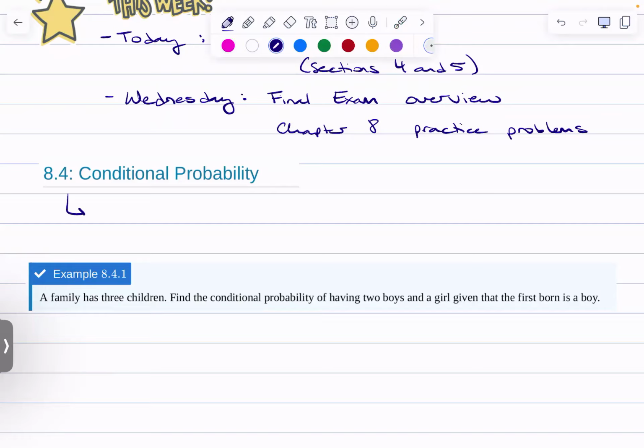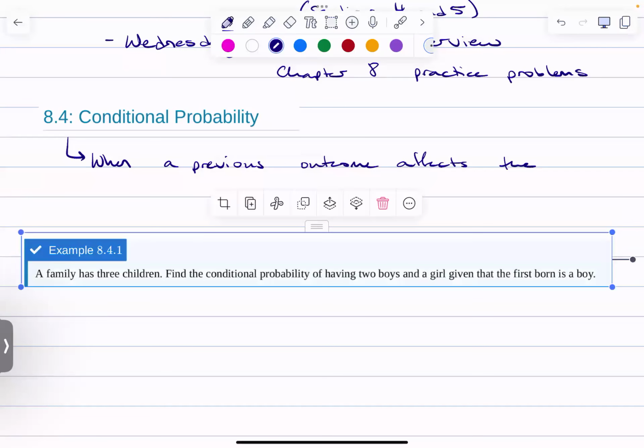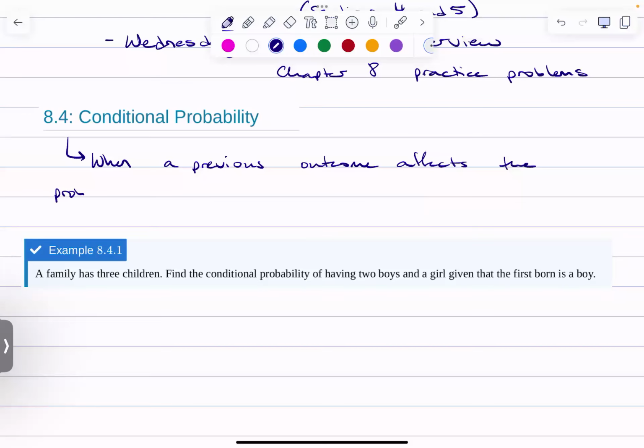And so conditional probability is when a previous outcome affects the probability of another outcome.